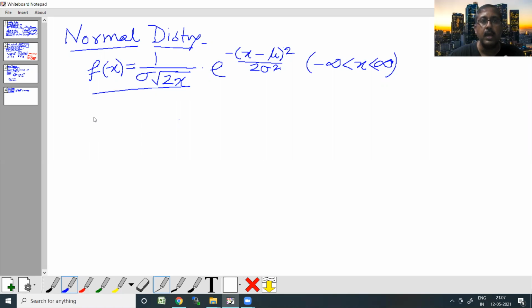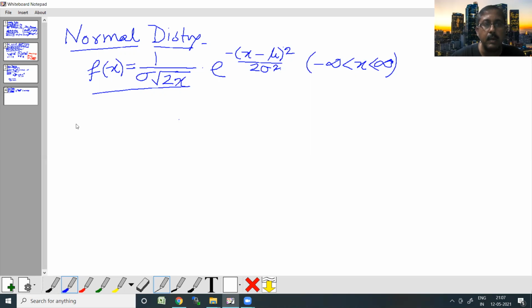As we have already talked about, a continuous variable is a variable which can have uncountably infinite possibilities in terms of values. Discrete variables have a finite number of values, but a continuous random variable can have uncountably infinite values.